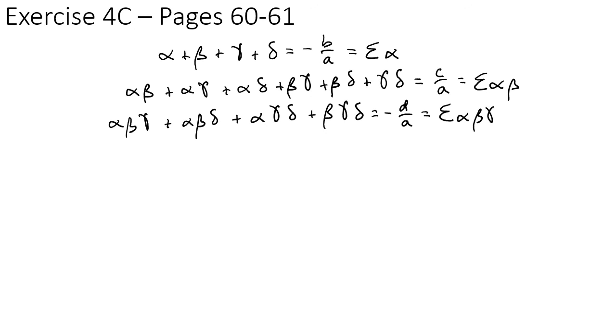And then the last one is just all four of them: alpha, beta, gamma, delta is E over A.